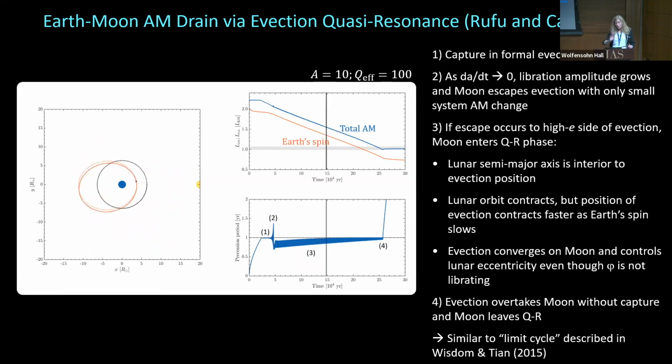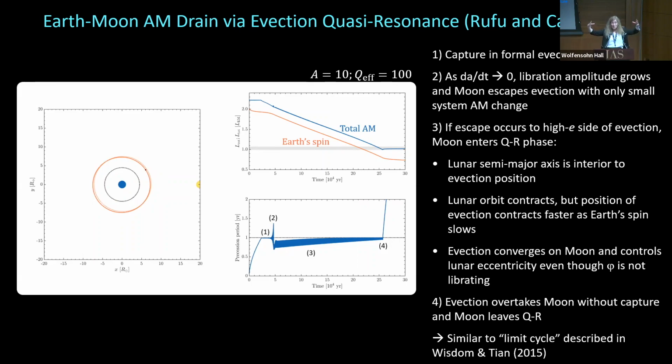The phase labeled as 3 in the bottom plot is what we've called a quasi-resonance. What's happened here is when the moon escapes evection initially, it's just inside the position of evection. And the moon's orbit is contracting during this phase. It's getting closer to the Earth. Evection is outside of it, but evection is contracting as well because the spin of the Earth is being slowed and the J2 of the Earth is slowing.